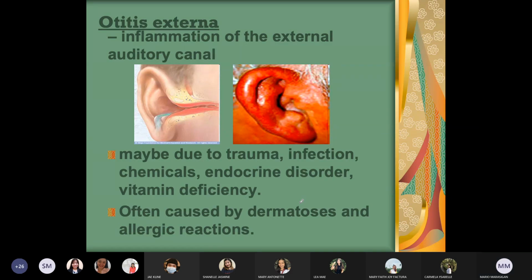Okay? Infection, chemical, or even endocrine problem like diabetes mellitus. Okay? Vitamin deficiency. Pero ang common dyan, trauma o kaya may nakakagat na insect. Yan. Pwede ding dermatosis.